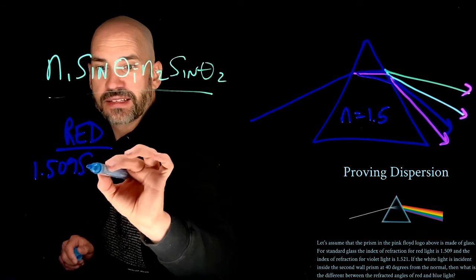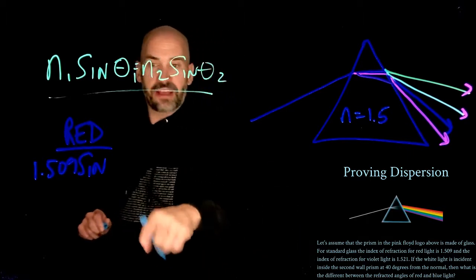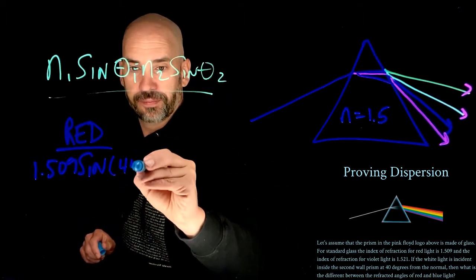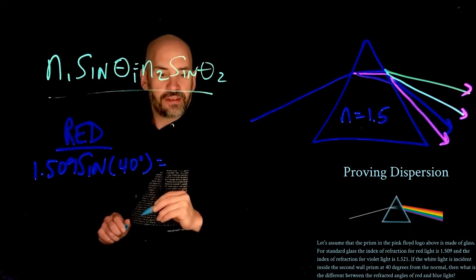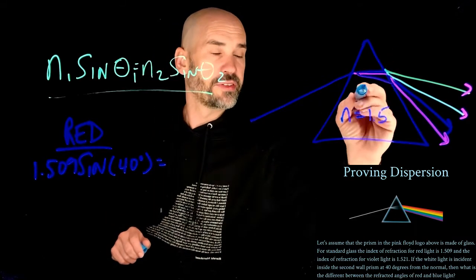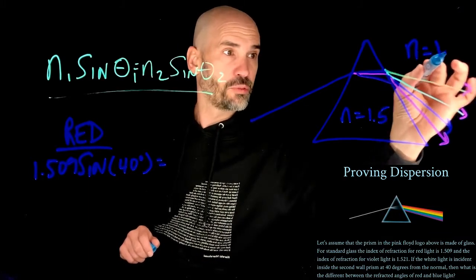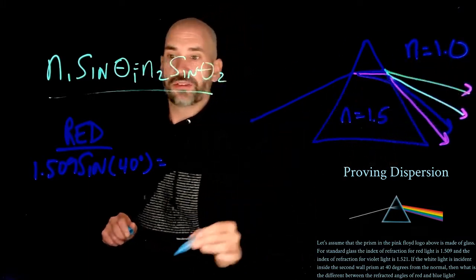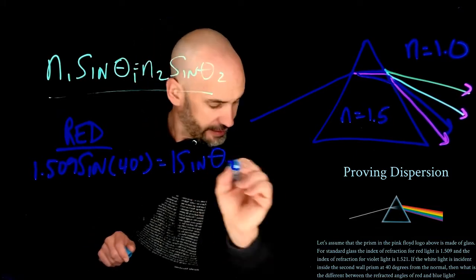1.509 times sine of 40 degrees, since it hits the second wall at an angle of 40 degrees. And then on the other side, we have air, and air is obviously about just 1. So then we have 1 times sine of whatever the second angle is.